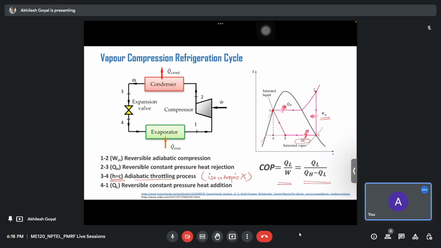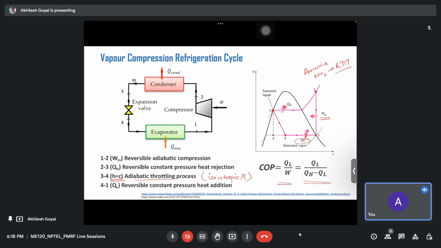And also there is a refrigerant, ammonia, NH3, which is written as R717. This number R717 is given to ammonia.